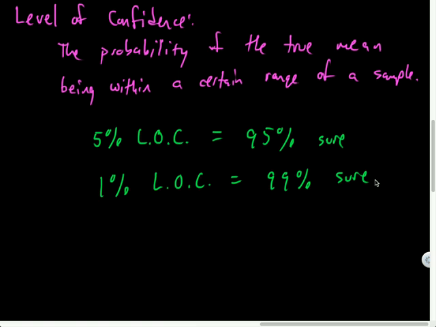Okay? I kind of think it's weird that they worded it that way. I'd rather call this a 95% level of confidence, like I'm 95% confident of this, but they actually phrase it in the kind of opposite way. So that's the main thing you have to be aware of.